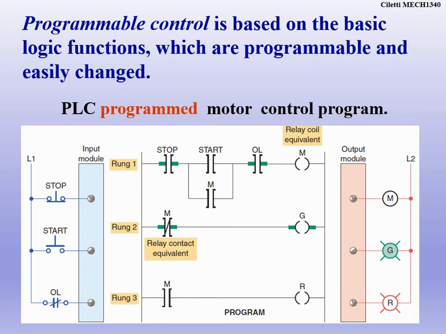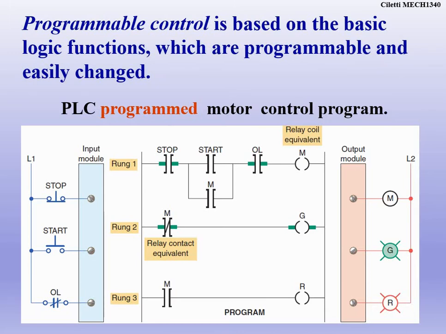If we notice here, what's the gut of the ladder logic? That's the stuff in the middle where it says rung 1, rung 2, rung 3. The stuff out there represents how we're getting wired into the PLC. So that input module is not in your ladder logic program. That's your PLC input.